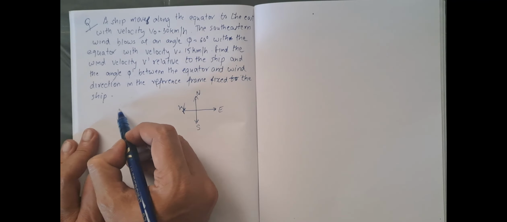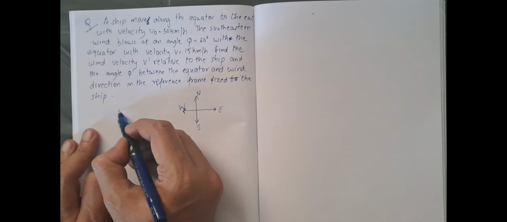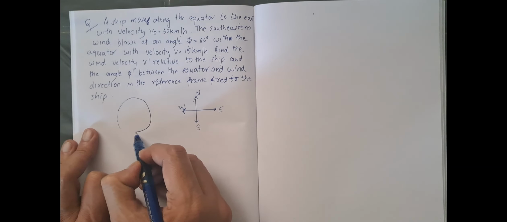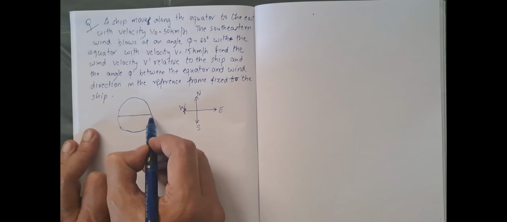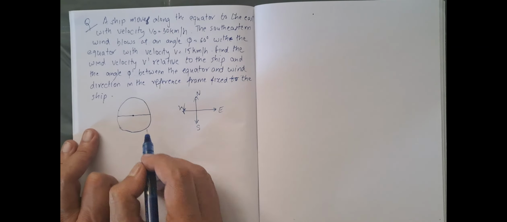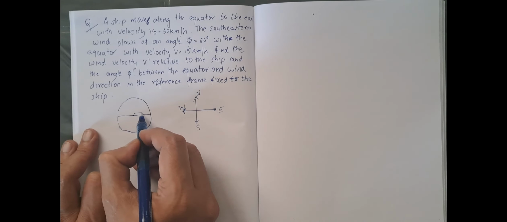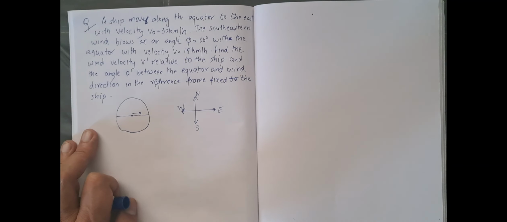I'm just drawing this for imagination purpose. And this is the equator. We can consider that it is a straight line, and the ship moves like this with a certain velocity v naught, and that velocity v naught is equal to 30 kilometers per hour.